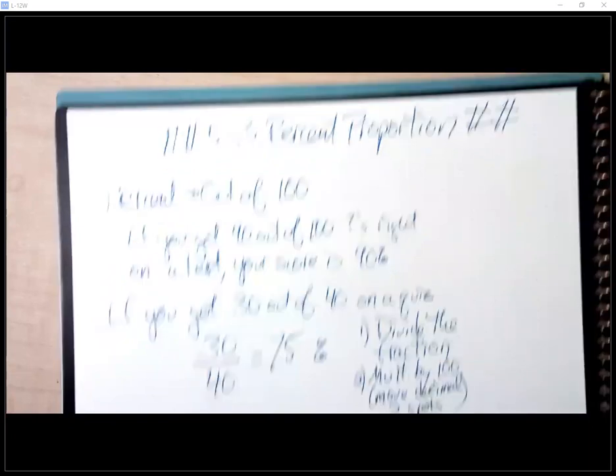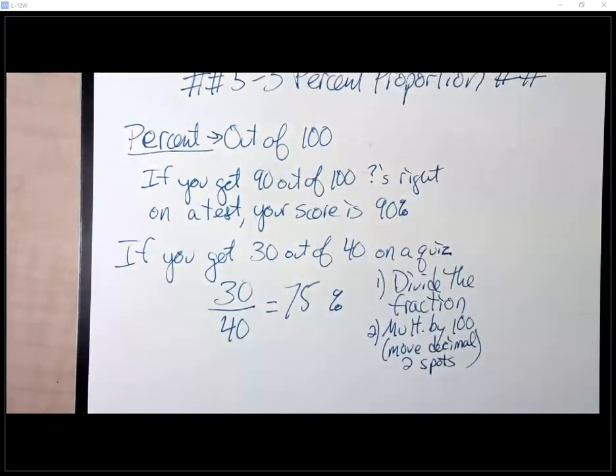This is the same idea that says, okay, so you got 75% of the questions right. If this quiz had been worth 100 points instead of 40, you would have gotten 75 of them right. Okay, so that's our first thing.